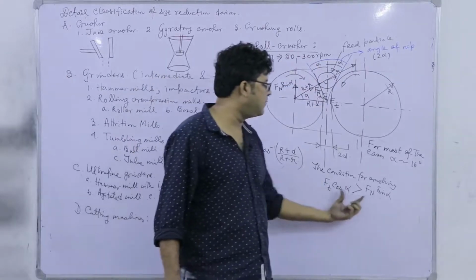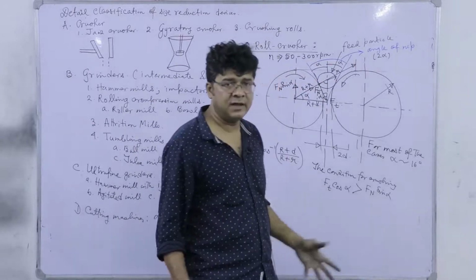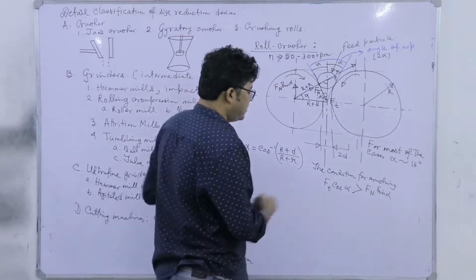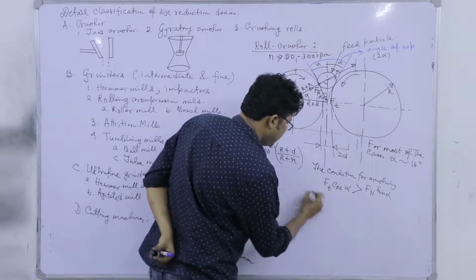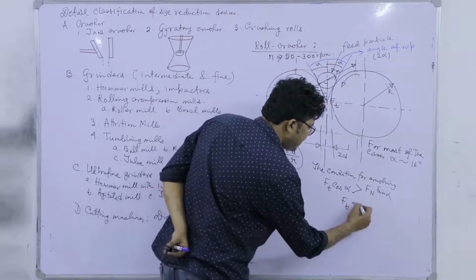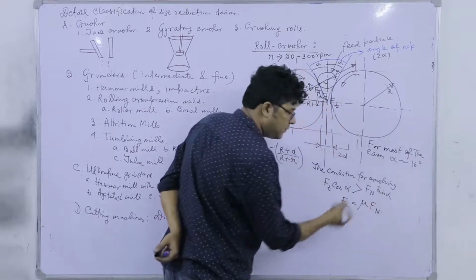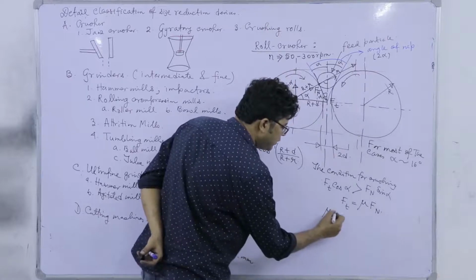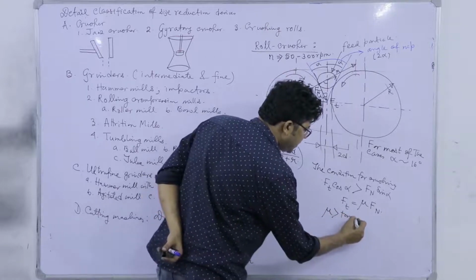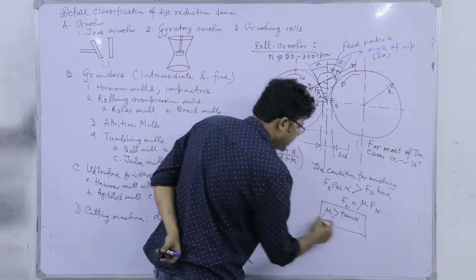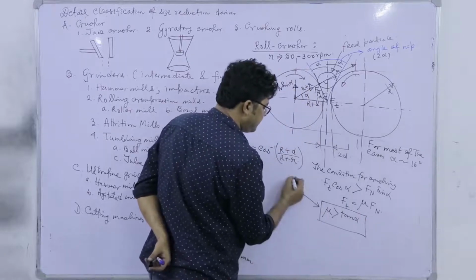So, if the favoring force is greater than the opposing force, then definitely crushing can be accomplished. And again, you see Ft, the tangential force, is the coefficient of friction times the normal force. This is the typical formula of friction we have. So, evidently we get that mu must be greater than tan alpha for crushing.